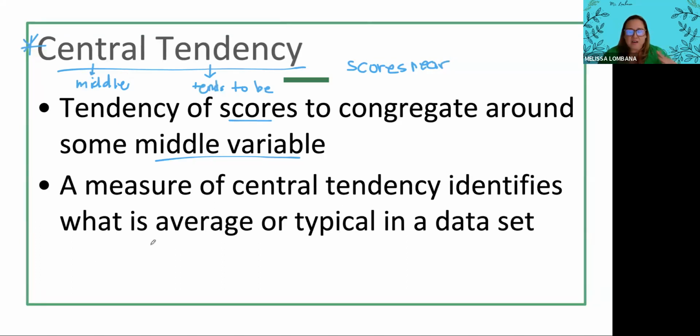And then here we're looking at basically the average. The middle is the average, so that's a good way to remember it when you see it. So under central tendency, how do we get these middle numbers that data tends to be near? We do it three ways.